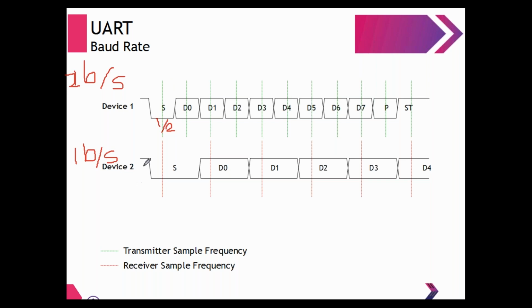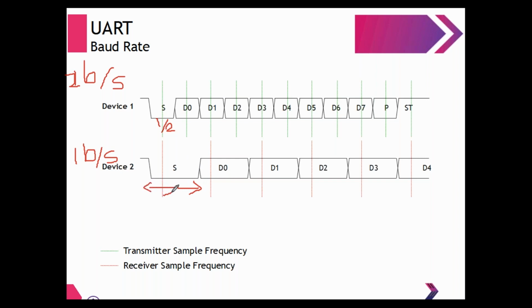So what happens to device 2? It will start receiving the stop bit. Did I just say stop bit? I'm so sorry. It will start receiving the start bit. But to sample the start bit, how much time will it take?